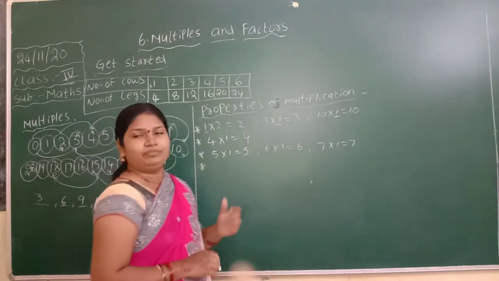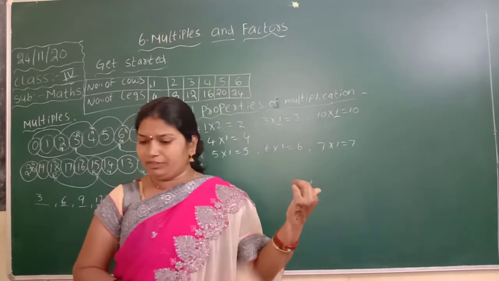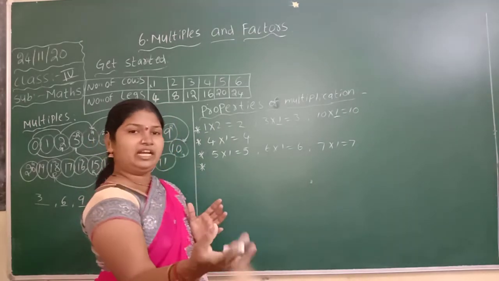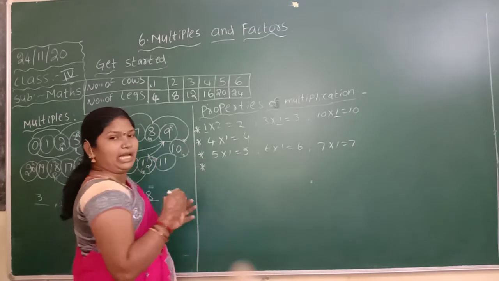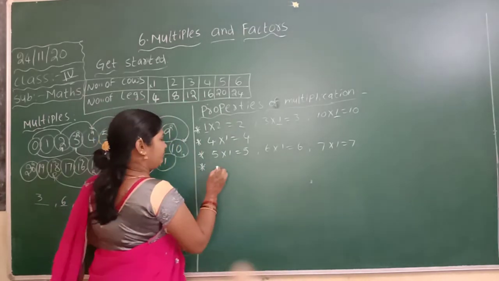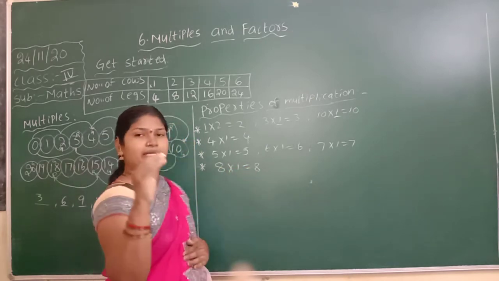And the next point, every multiple of a number is equal to the same number or greater than the number. For example, 8 ones 8 is equal to the given number, and the others are greater.